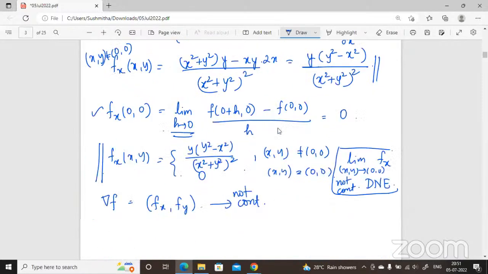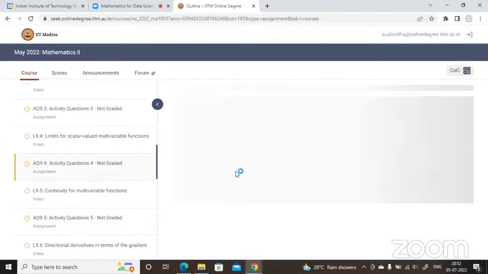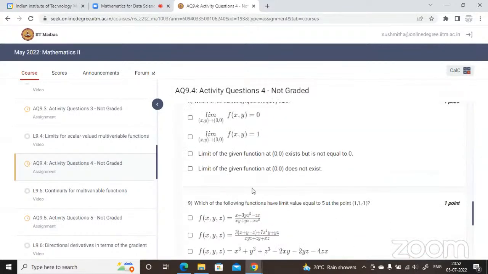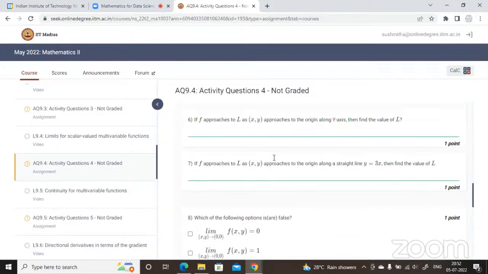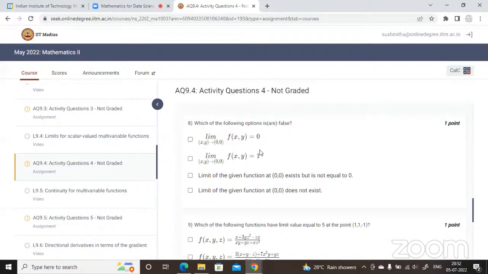Someone was asking about 9.4, question number 8, option 3. In this question, we need to find the false option. Option 3 says the left hand limit and right hand limit aren't equal.